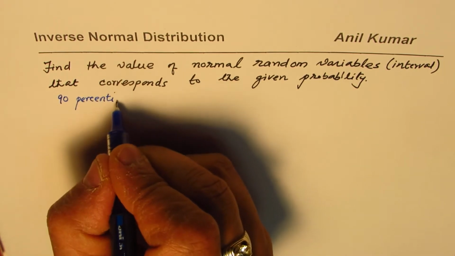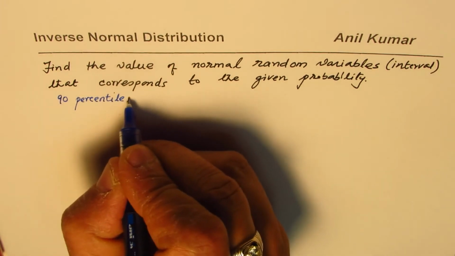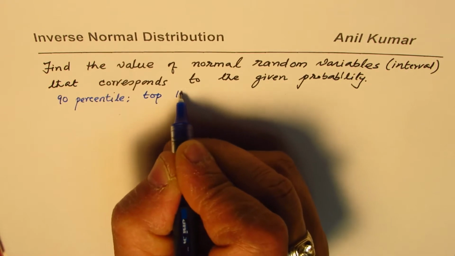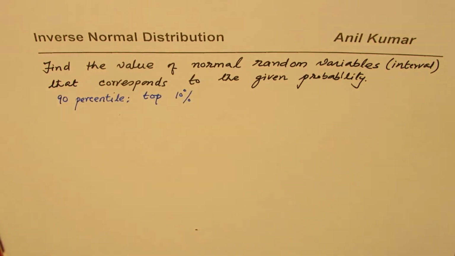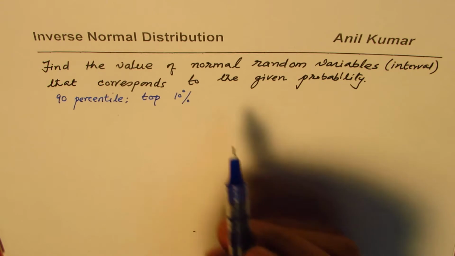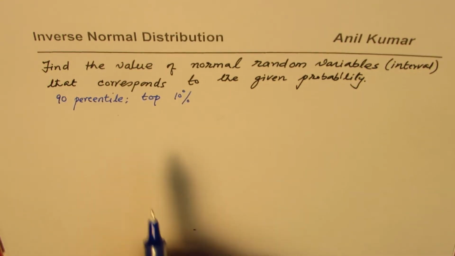Sometimes you'll say 90 percentile, you may see the same thing as top 10%, which is 90 percentile, where the marks are at least in the top 10. That is the kind of thing which they are looking for.